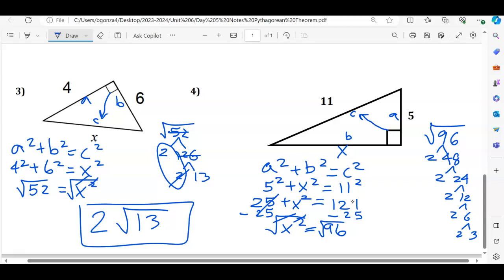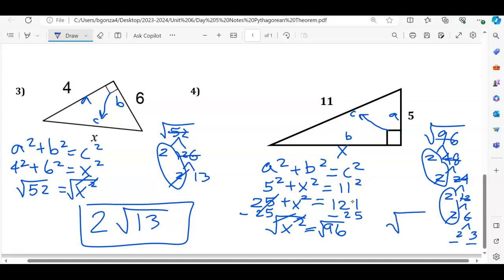Okay, again, I scratched these out because they're already broken down. Do I have any pairs? Yes, I do. I have a pair of 2 here and a pair of 2 here. And I have 2 loners that don't match. So I'm going to write my radical.